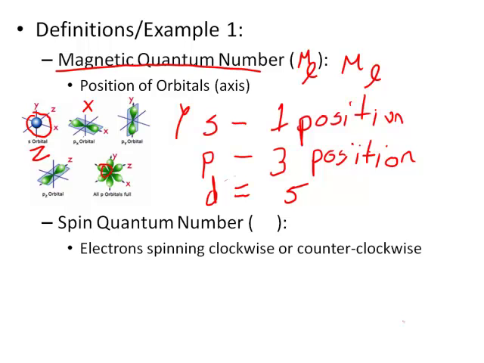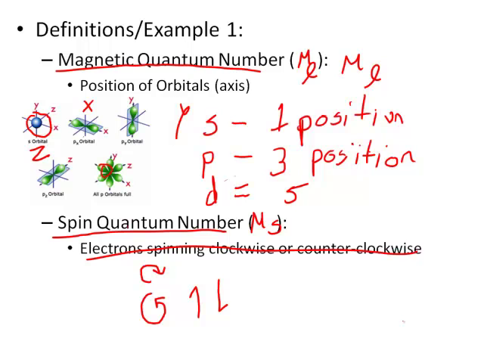And then the last one is called the ms, or the magnetic spin number, the spin quantum number, and that tells you which way the electrons are spinning, clockwise or counterclockwise. Sometimes they're represented by up and down arrows.